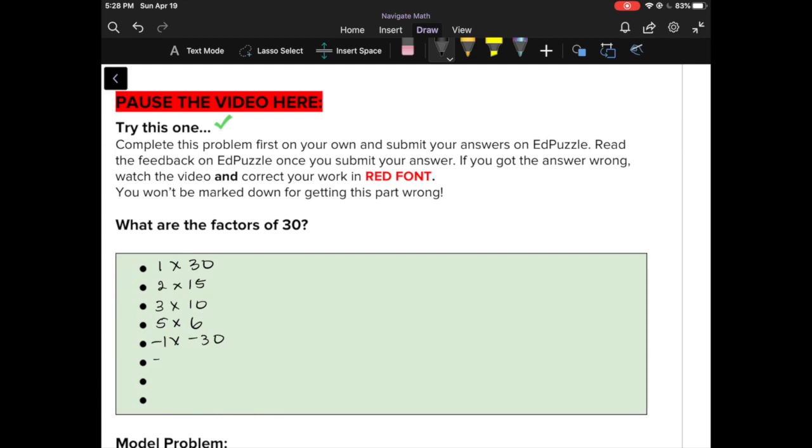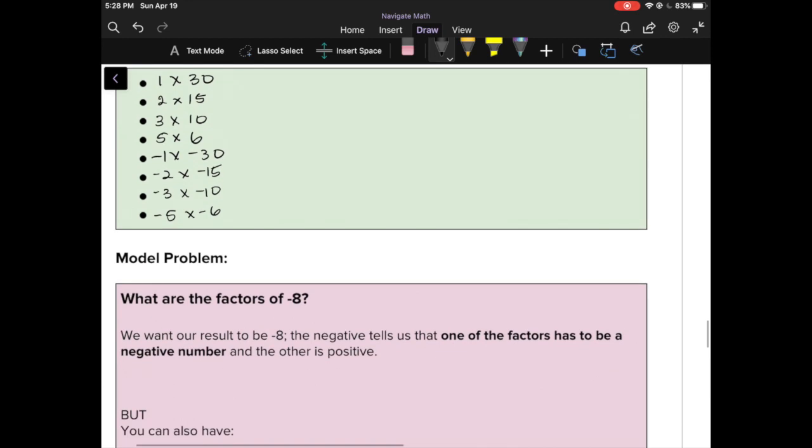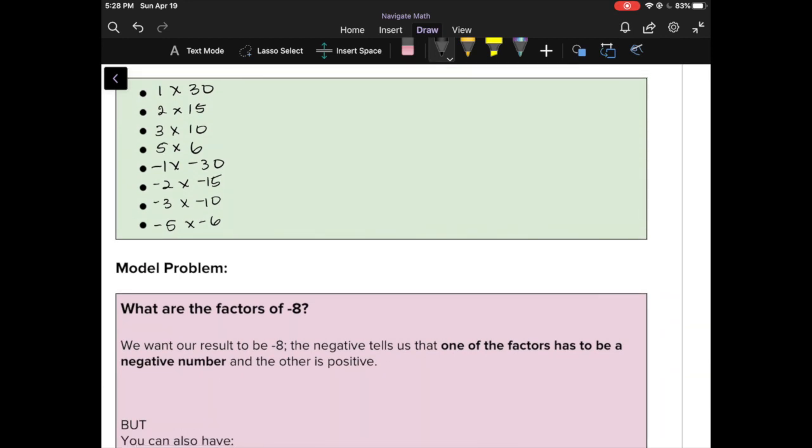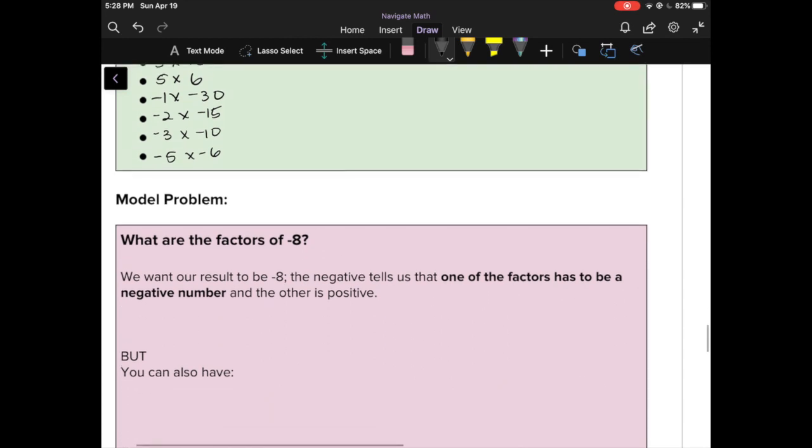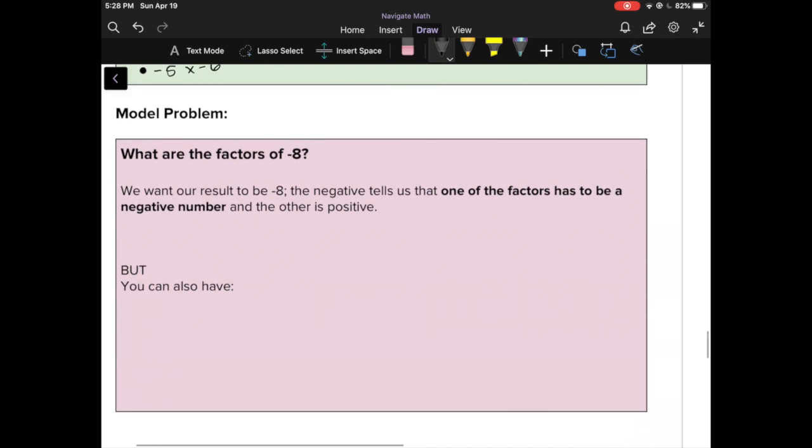We can also have -1 times -30, -2 times -15, -3 times -10, and -5 times -6. All right. So that's going over factors for a positive number. For a positive number, you need to remember that you can have factors that are positive, and you have to have factors that are negative. And both of them have to be negative.